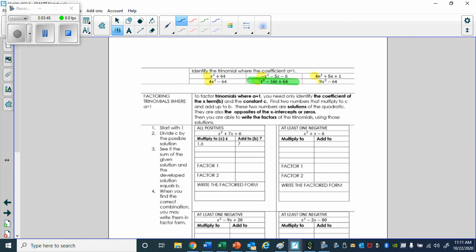So, factoring trinomials where the coefficient a equals 1. To factor trinomials where a equals 1, you need only identify the coefficient of the x term, which is b. And remember, this trinomial comes in this form, ax squared plus bx plus c.